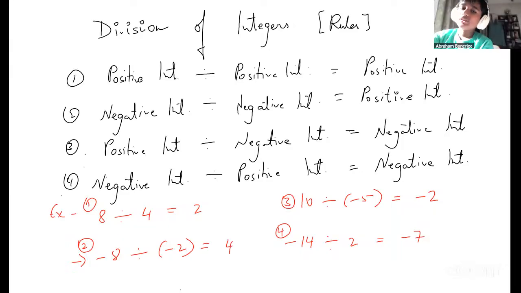Ma'am, will you give us a word problem? Not today, but we can try out word problems tomorrow. But ma'am, tomorrow I'm not there. Neither is Anna. Okay, Anna and Abraham are not there tomorrow. Then you can go through the lecture and I'll post some homework too in the group.